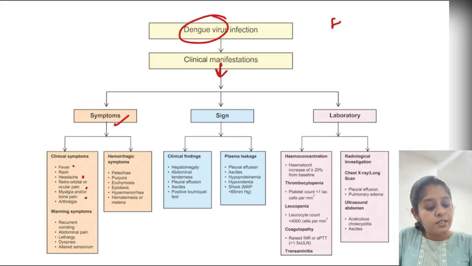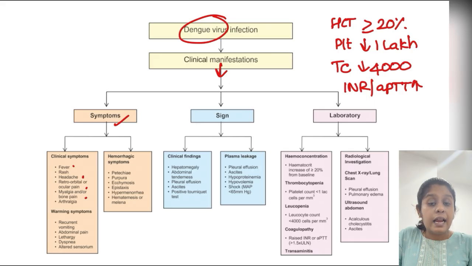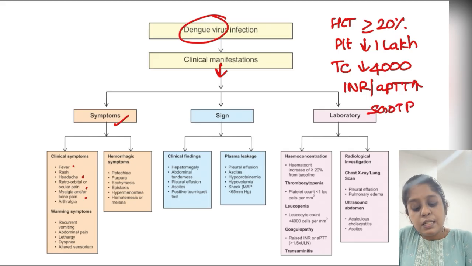And the lab features include hemoconcentration, that is more than 20% rise from the baseline, thrombocytopenia with platelet less than 1 lakh, leukopenia with counts less than 4,000, coagulopathy with INR and APTT elevated, and transaminitis. So you would see CBC and LFT and PT INR, APTT.